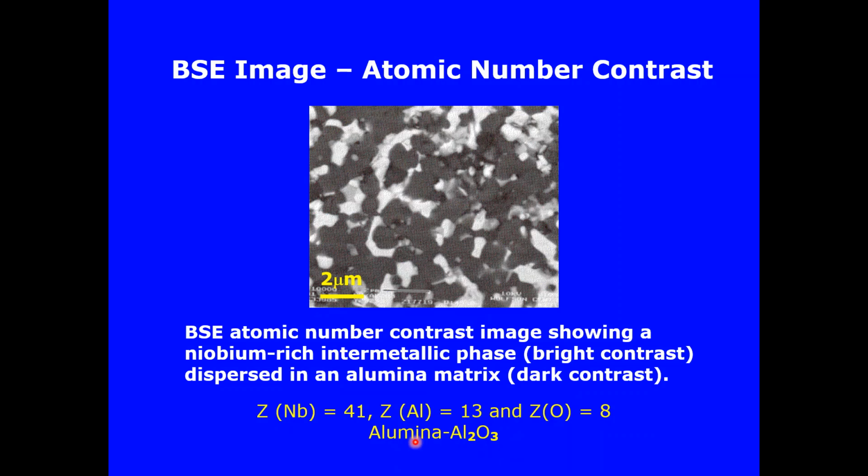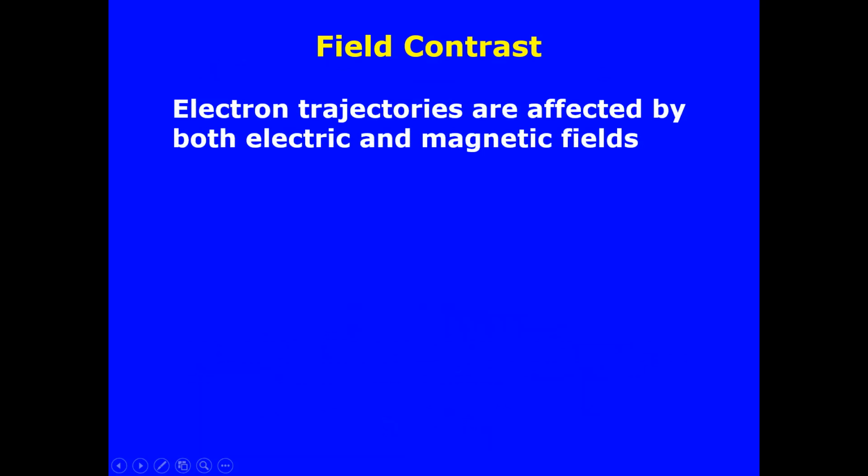And you know that oxygen reacts with aluminum. The most popular oxide is that of aluminum. That's how we have the atomic number contrast with the help of the backscatter electron image in scanning electron microscopy.